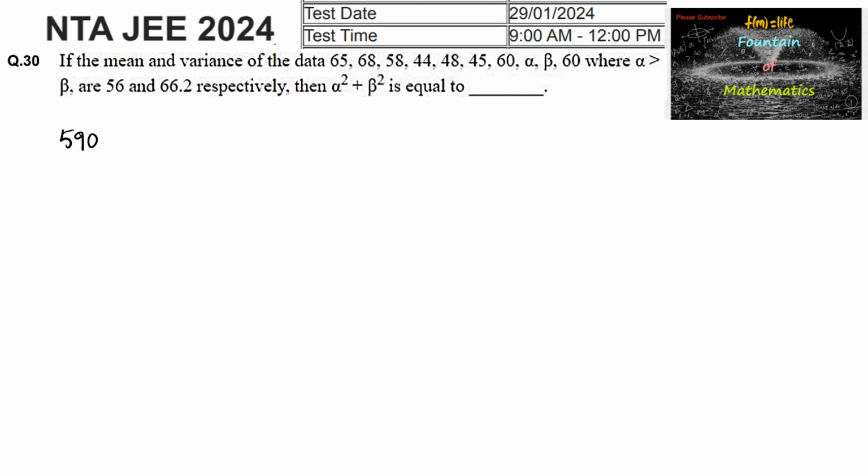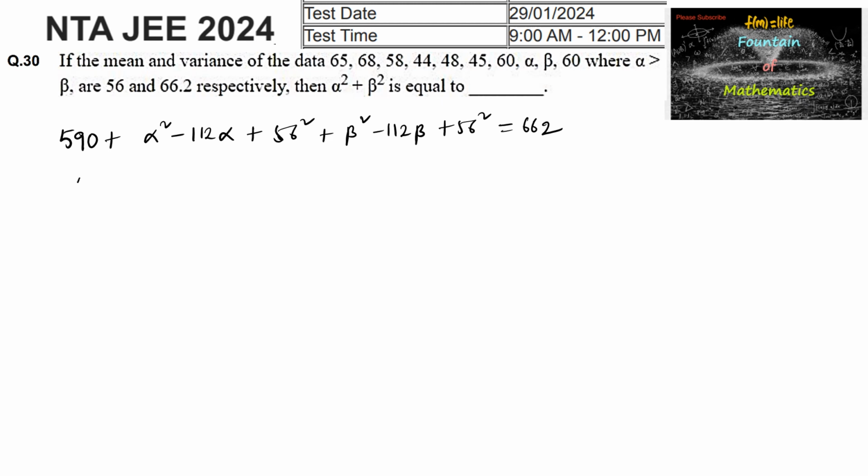It's 590 plus alpha minus 56 whole square. We can write alpha square minus 112 times alpha plus 56 square, and again beta minus 56 whole square is beta square minus 112 times beta plus 56 square, is equal to 662.